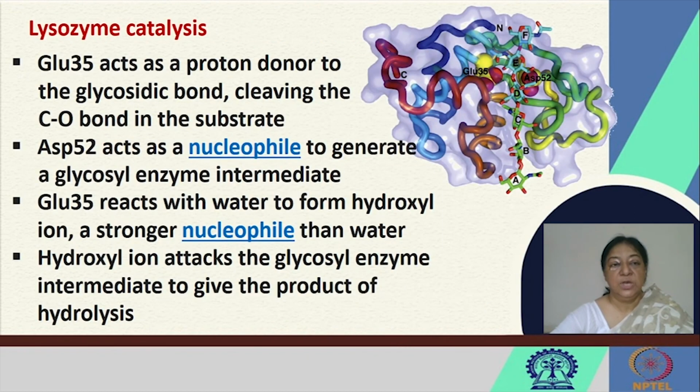So what happens? Glutamic acid 35 acts as a proton donor to the glycosidic bond and it cleaves the CO bond in the substrate.